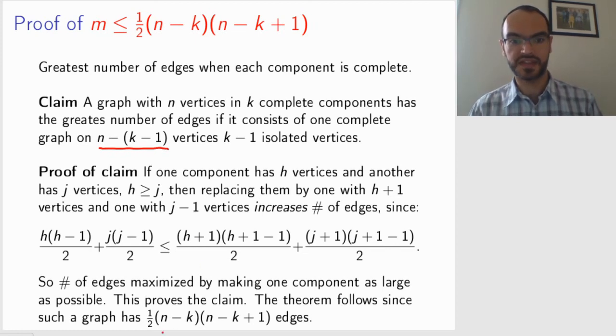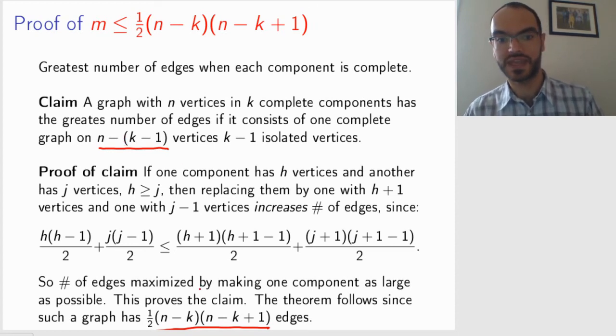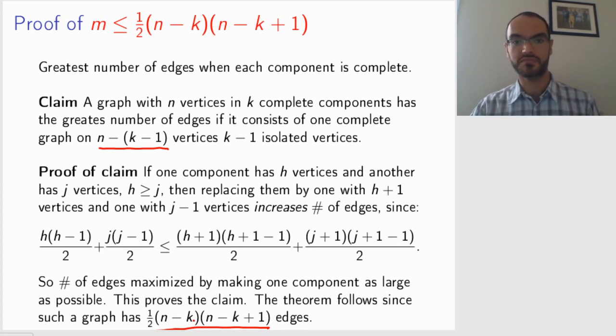And this is precisely this number, because the complete graph, remember, has 1/2 times number of vertices times number of vertices minus 1. And this is exactly what we get here in terms of number of edges.